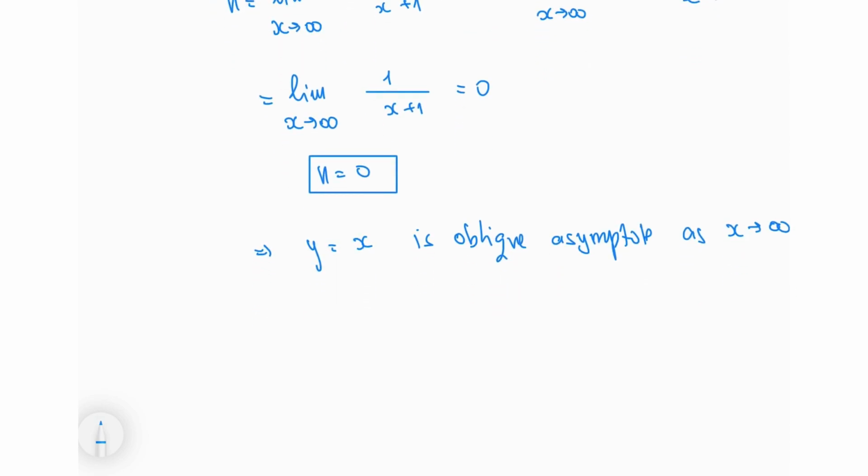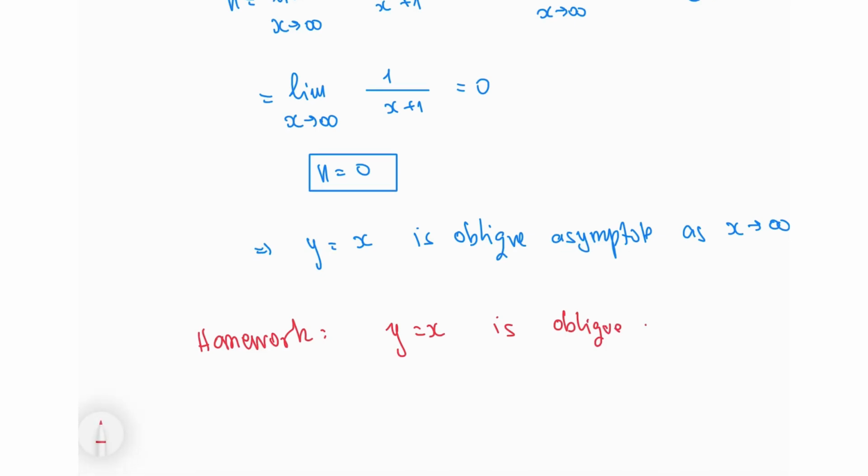Same thing, and this is your homework. So homework: y equals x is an oblique asymptote as x approaches negative infinity.